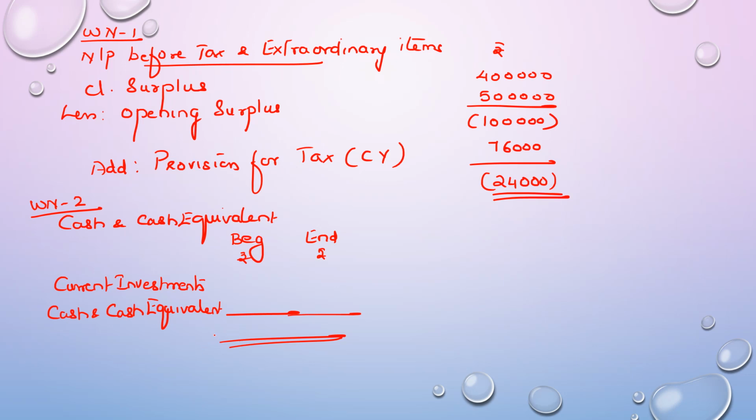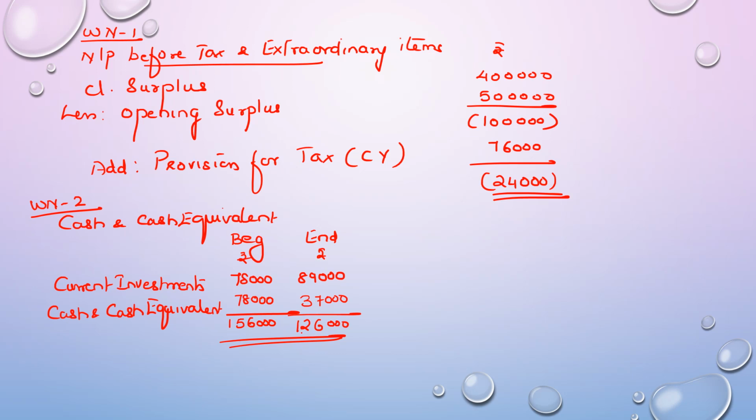So looking at the table, we find that there was 78,000 of current investment in the beginning, which changed to 89,000, and cash equivalent was 78,000 in the beginning, which has changed to 37,000. So if you add this together, you would get 1,56,000 in the beginning and 1,26,000 at the end.